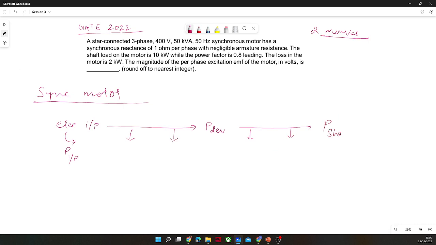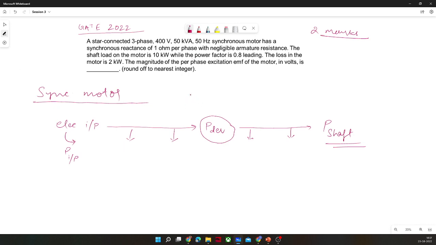So at the end, the power of motor would be transferred to the shaft. So this is the end destination of the power flow. And since the power is going into the electrical side and it is developing at the armature of the motor, some losses would be there. And these losses are related to the electrical side.